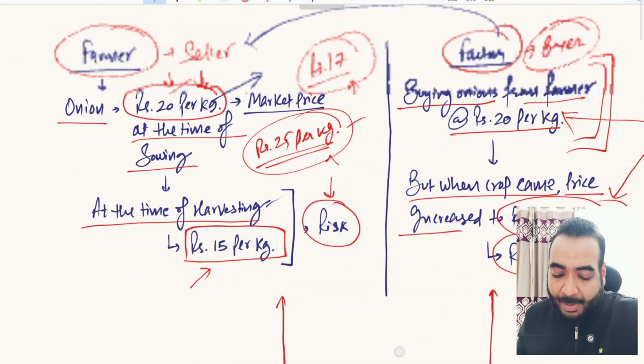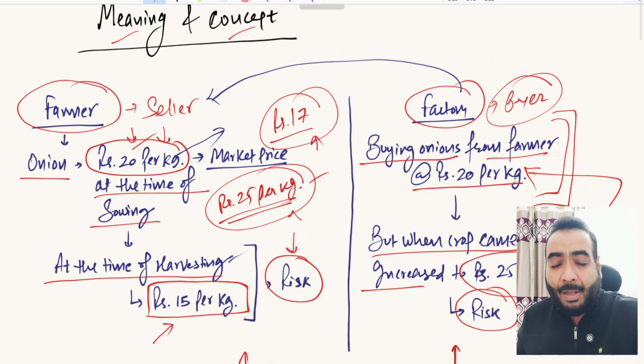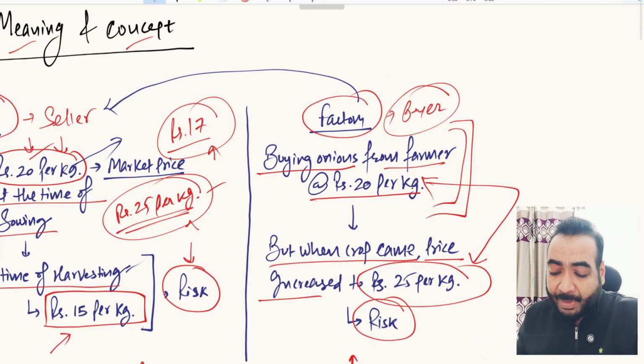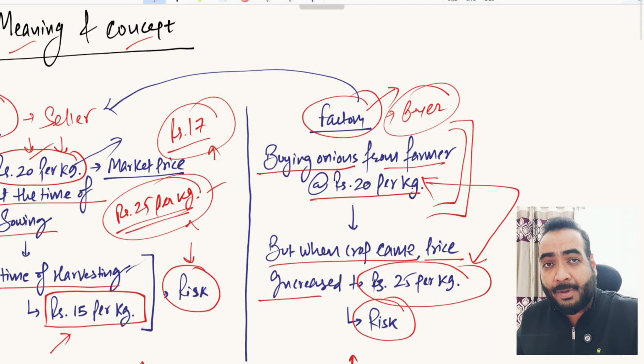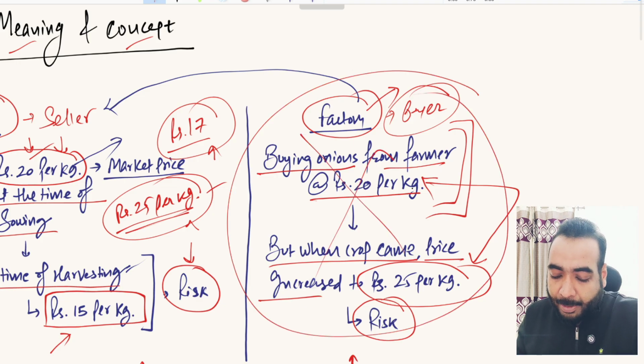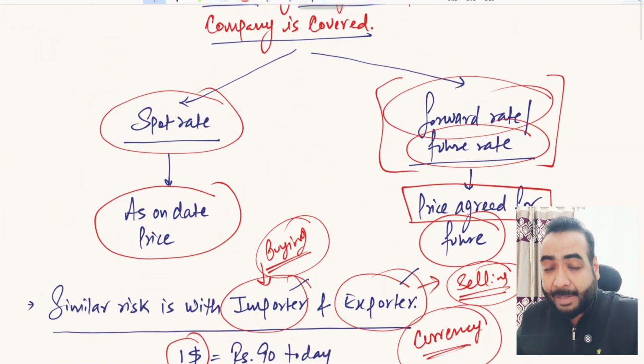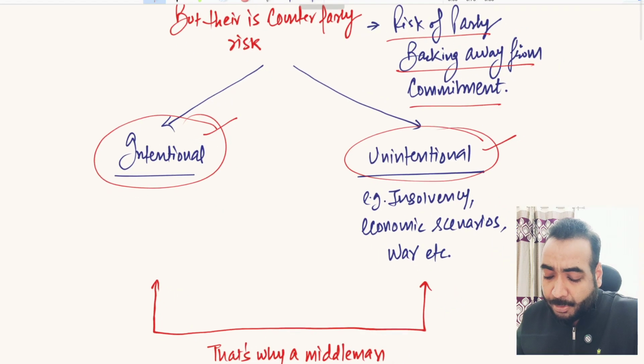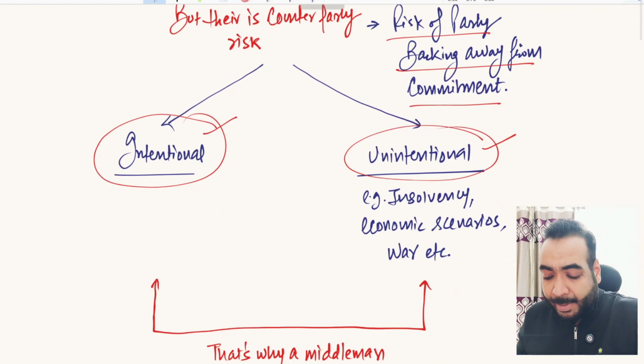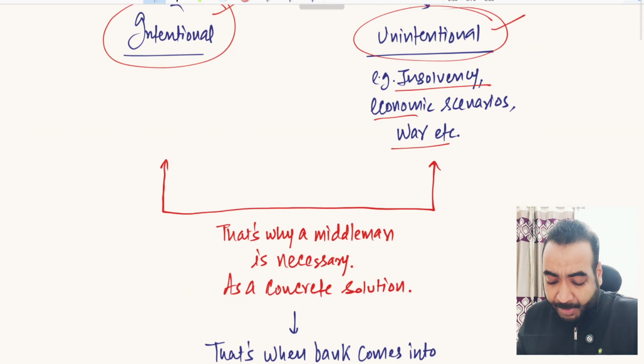Suppose the farmer has agreed to sell the goods to a factory at a pre-agreed price, but after 6 months the factory owner has become insolvent, or there is a war situation, or a COVID situation, because of which the factory is totally non-operating. In that case, the contract will not sail through. So that can be unintentional risk, of economy, insolvency, war, etc.